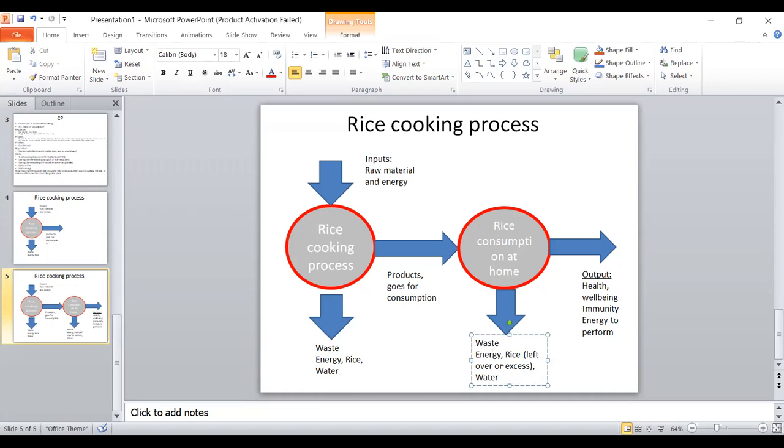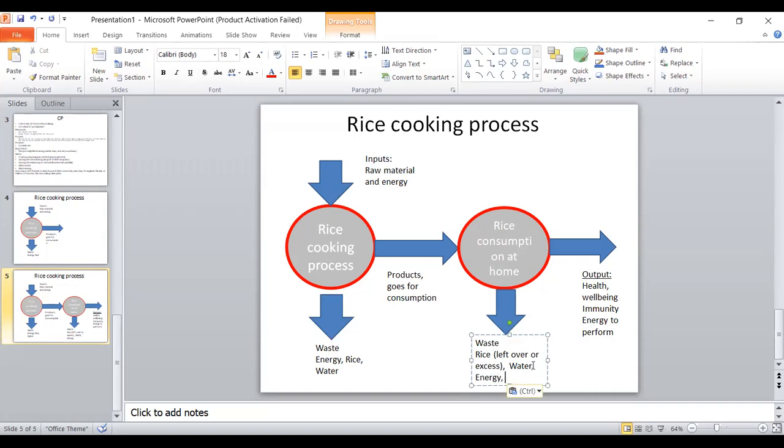So this can be wasted. Energy: if your water is being pumped using a water pump, there can be energy waste indirectly as well. So rice, water, and energy.